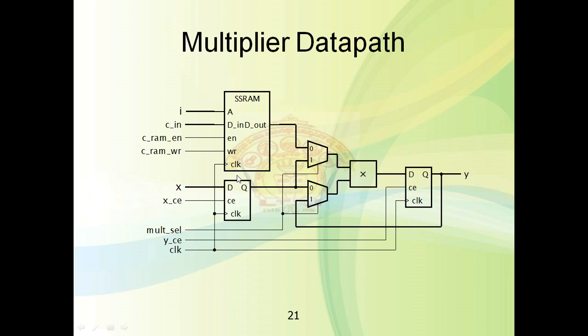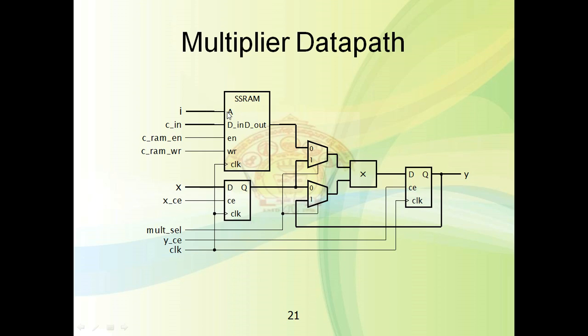As it is 4k, it will have address lines given by an index I, so again a 12-bit address line. The ci input is the coefficient data, and this is also 20-bit. One more data is x, which will be given by a register. This is also 20-bit.